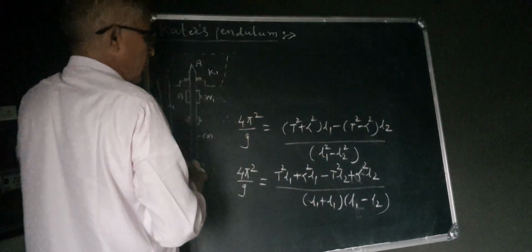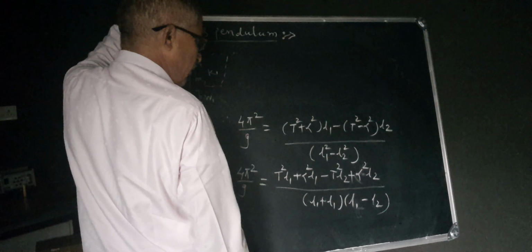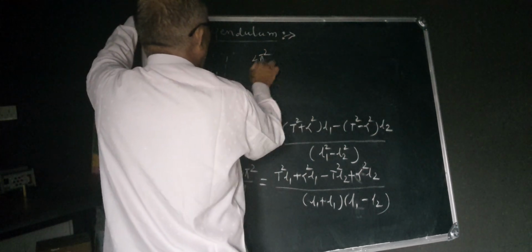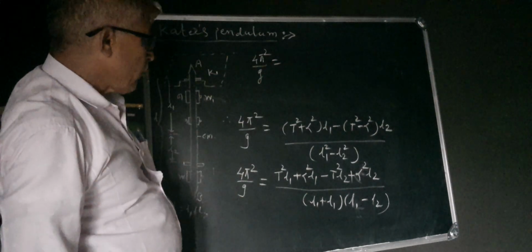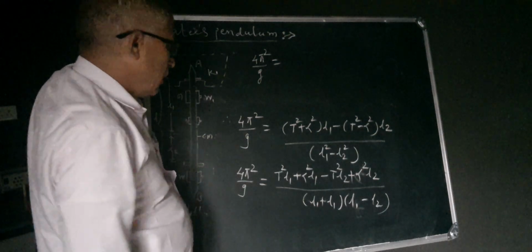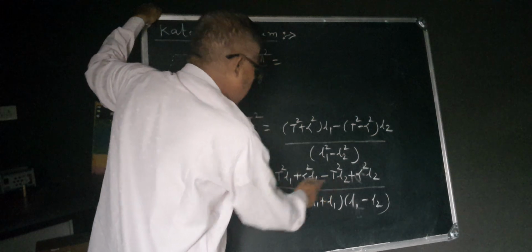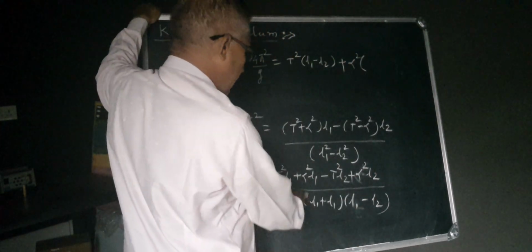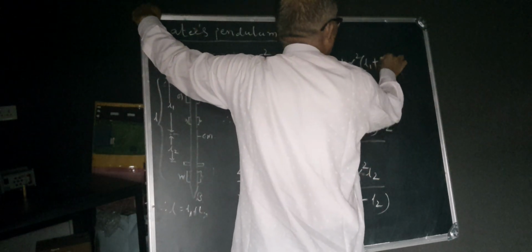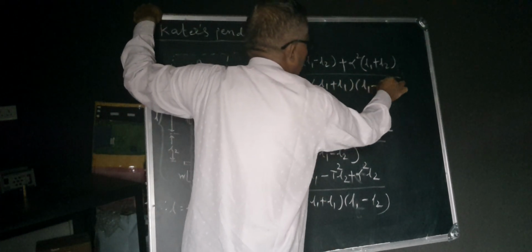Now, taking something common from the numerator and simplifying, I write that step here. 4 pi square upon g equals, from this term and this term, we can take T square common, so T square into the bracket L1 minus L2, plus, from the other terms we can take alpha common, into the bracket L1 plus L2, upon the denominator L1 plus L2 in the first bracket and L1 minus L2 in the second bracket.